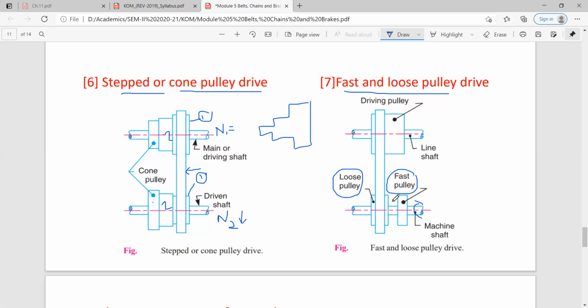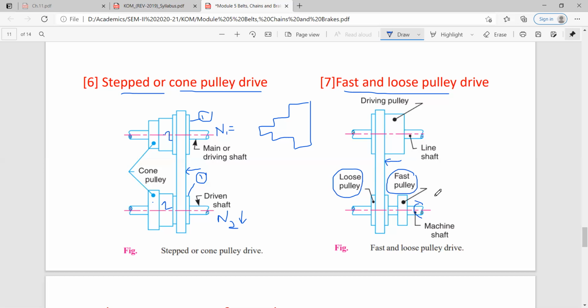So suppose you want to stop the machine, what will you do? You will slide the belt over the loose pulley. Automatically, when power is given, the loose pulley will rotate only, but the shaft will not rotate.